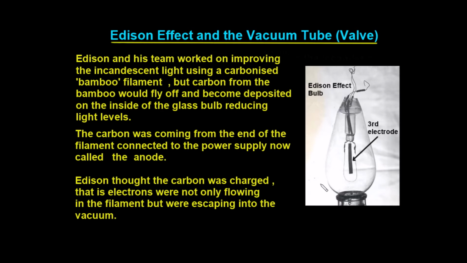Edison thought that the carbon was probably charged and that electrons were not only flowing through the filament, but were also flowing out of the filament onto the inside of the glass and carrying with them the carbon atoms.